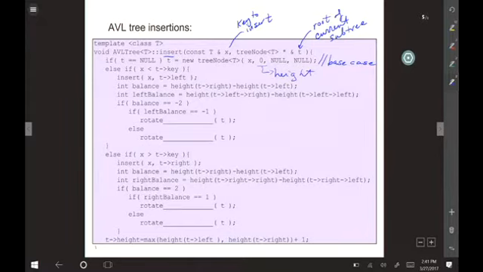Now things get complex. Here's the general case. These two lines together and these two lines together are the insert at the proper place. It's the conditional that decides where that proper place is, and then the insert statement is the recursive call.